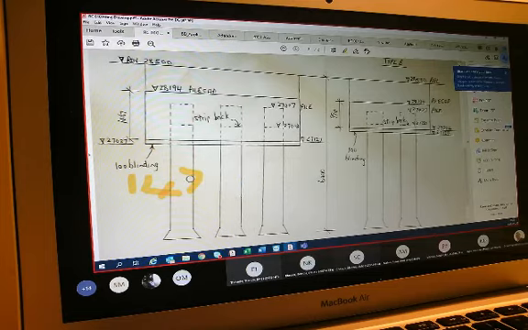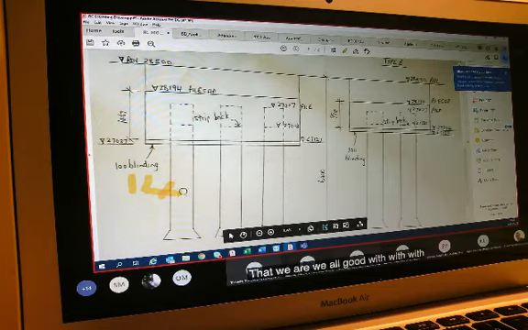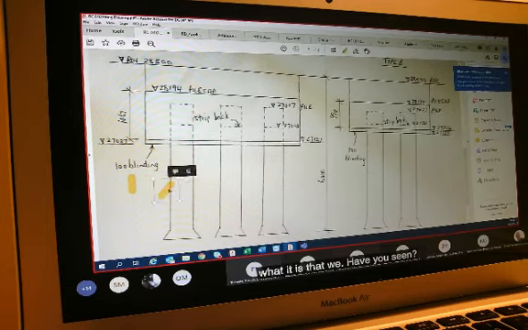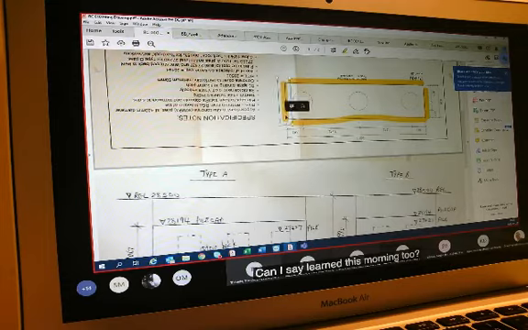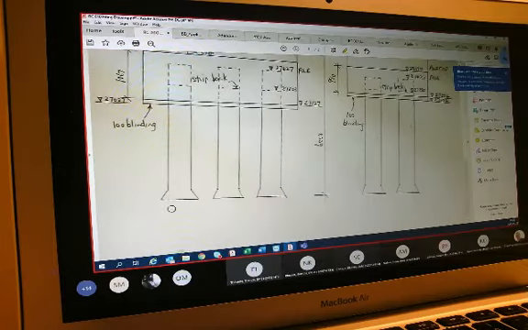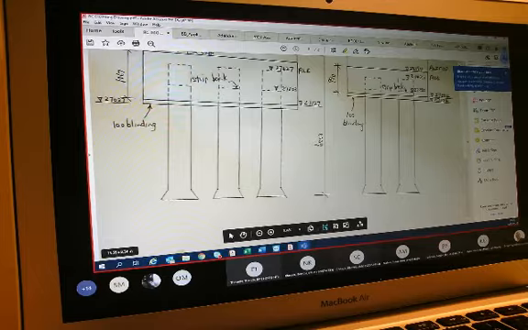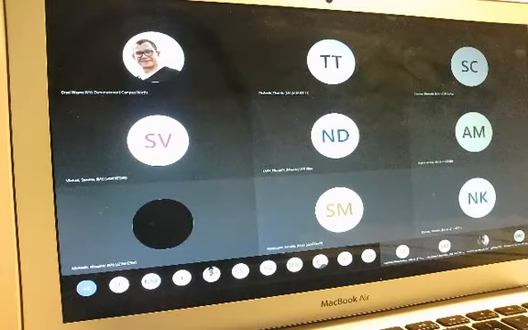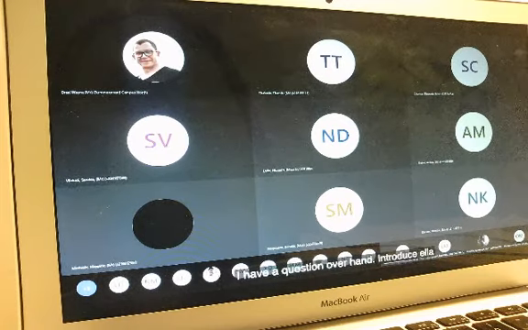Also don't see any thumbs up. So are we all good with what we've seen, can I say learned this morning too, so far as the measuring of the pile caps, the different pile caps, and how we go about dealing with them? All happy?